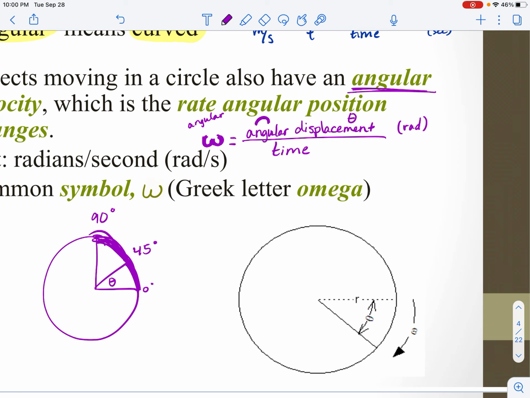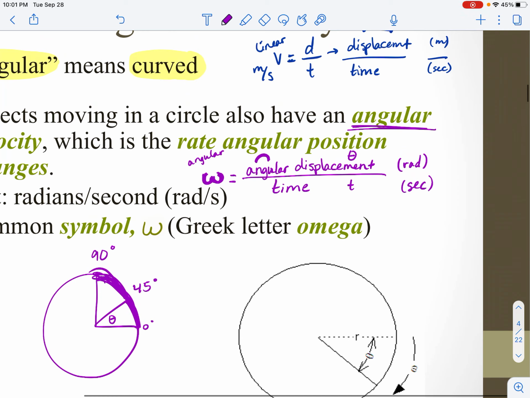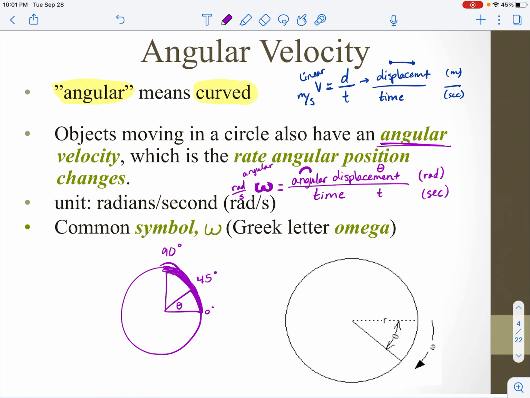Theta is going to be our symbol for the angular displacement. Time is still going to be the lowercase t, and we still want time to be measured in seconds. So when we look at this fraction, rather than getting meters per second, because we're measuring our angular displacement in radians, we are going to get radians per second. So let me zoom out here and clean up our slide.